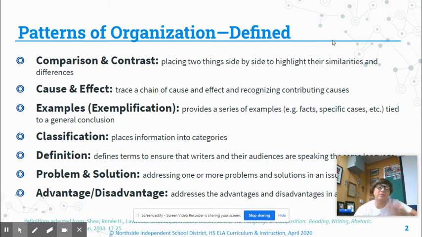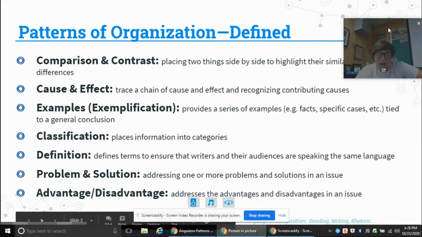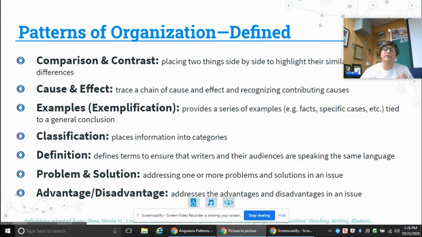Classification, this places information into categories. Definition defines terms to ensure that writers and their audiences are speaking the same language. Problem and solution, this is where you're addressing one or more problems and solutions to an issue. And then finally, advantage, disadvantage. This addresses the advantages and disadvantages in the issue.